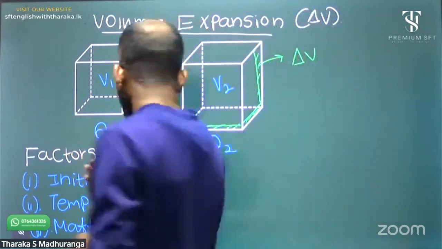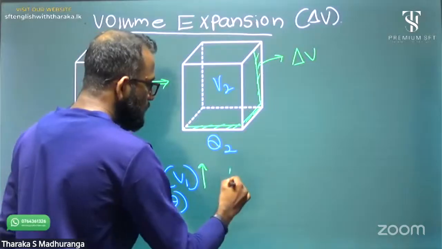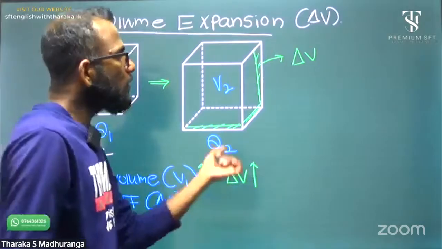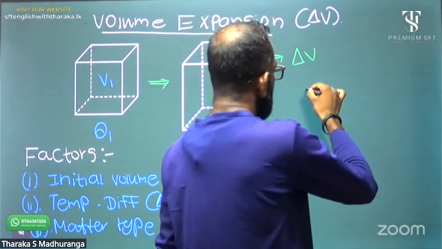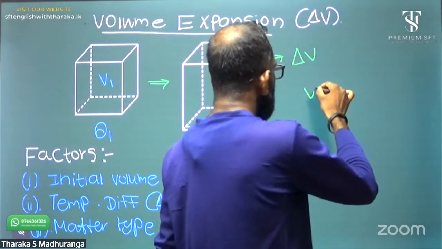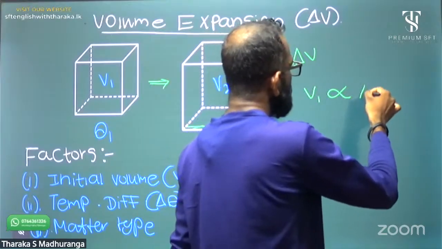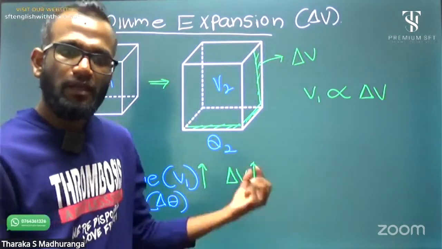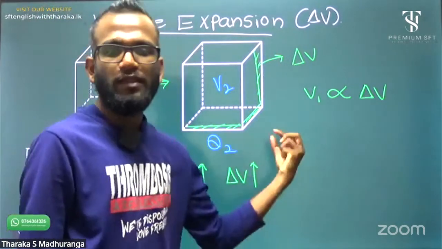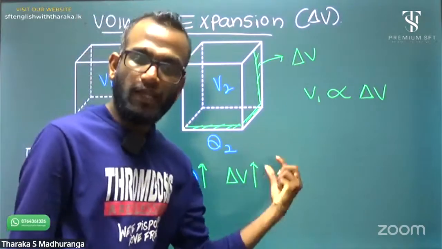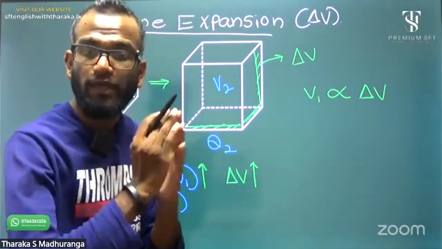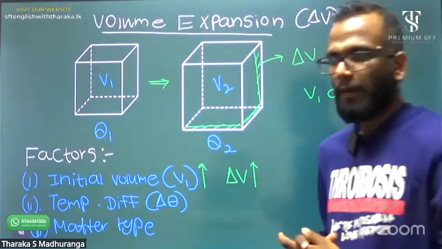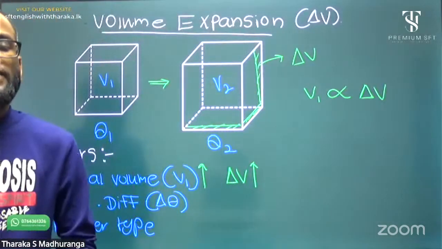That's why when the initial volume increases, the delta V, the volume expansion, also increases. So V1 is directly proportional to delta V.